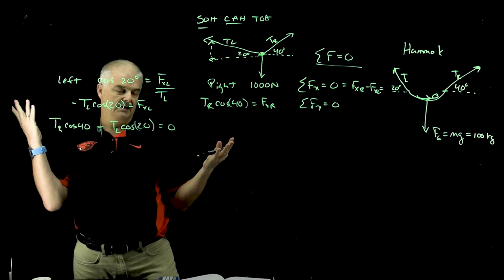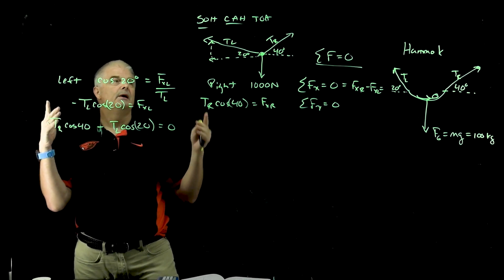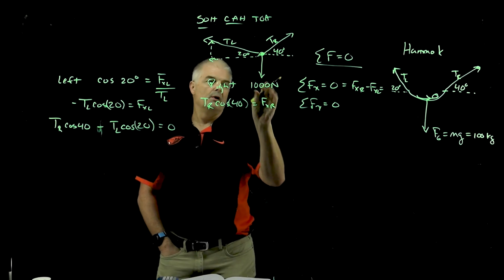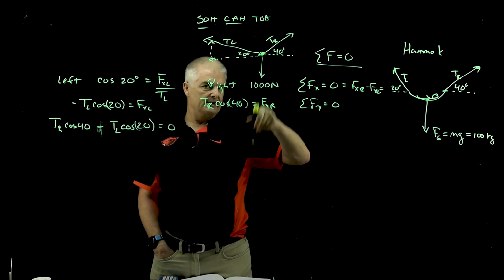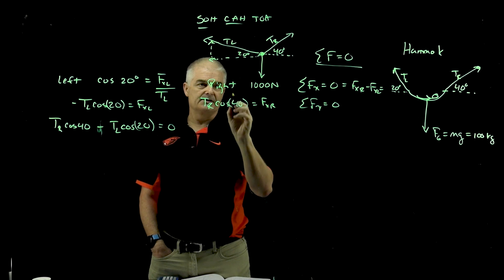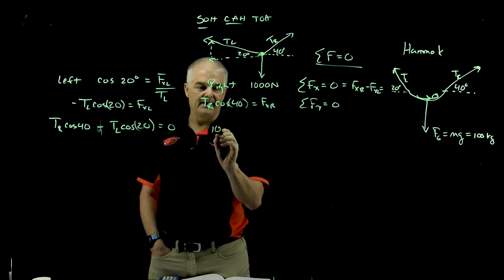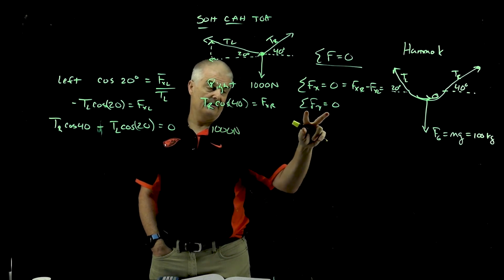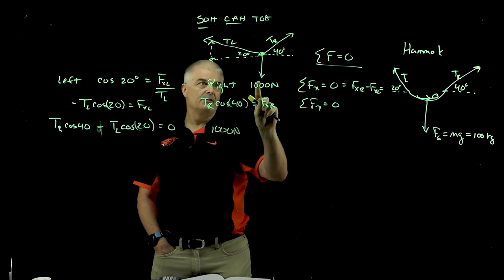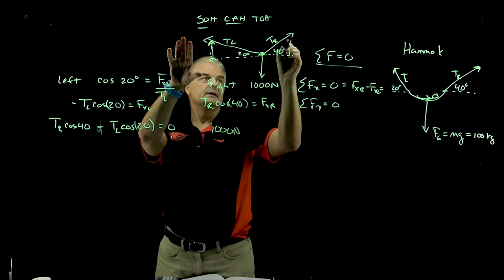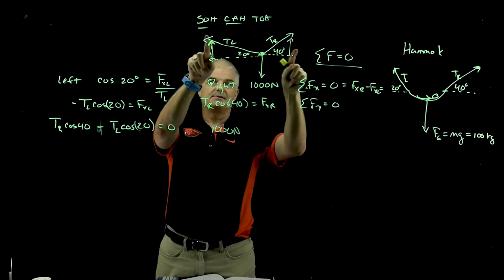But you might notice we've got TR and TL, and that's two variables, so I can't solve the problem yet. So now we can play the game in the up and down version. The weight is only going down, so the sum of the y's has to add up to 0. So 1,000 newtons, that's the force down, is going to be equal to the forces up. And the forces up are going to be the sine, because these are the opposite sides.